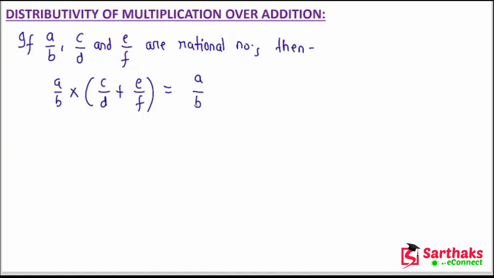So see, a upon b cross c upon d plus a upon b cross e upon f. That is, you can simply distribute. See, multiplication got distributed over addition. So firstly, a upon b is multiplied by c upon d plus a upon b is multiplied by e upon f. So that is what we call distributivity of multiplication over addition. You can verify it with the help of an example.